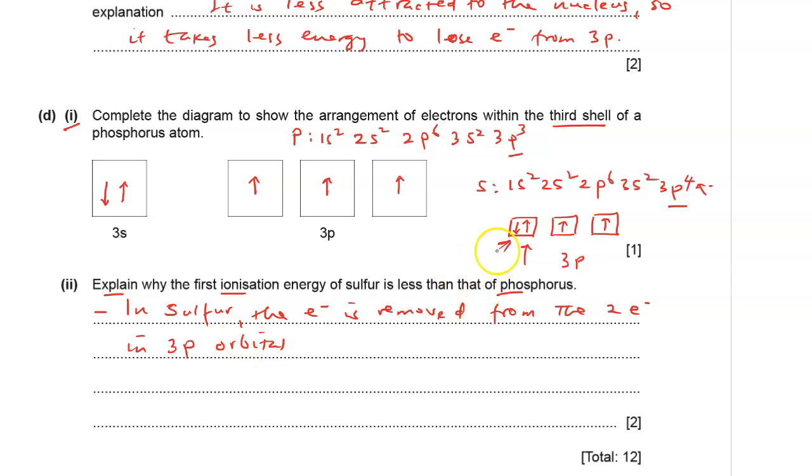When the electrons are paired up, they repel, and therefore less energy is required to remove one.